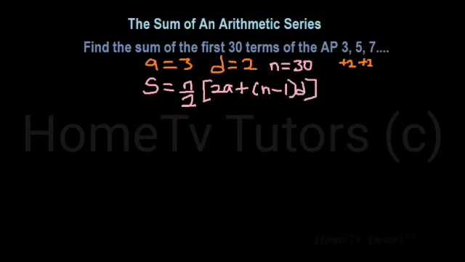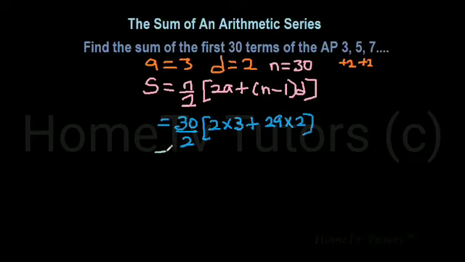Now we substitute the values. For N we have 30 over 2, then 2 times A, the first term, which is 3, then N, 30 minus 1, that is 29, times D, which is 2, the common difference.